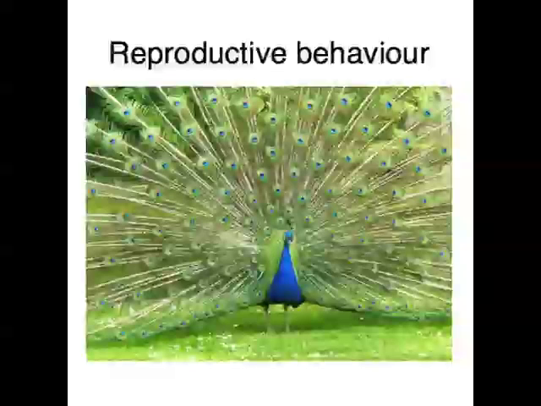So all these different behaviours that animals partake in to ensure that they reproduce with the best quality mate available is basically to ensure that their genes have the best possible chance of making it through to the next generation. So if you reproduce with a high quality mate and that mating is successful, it produces an offspring that has got high quality genes, then they'll survive in their environment, and then your genes will have been passed on to the next generation. And that's really what life's all about.